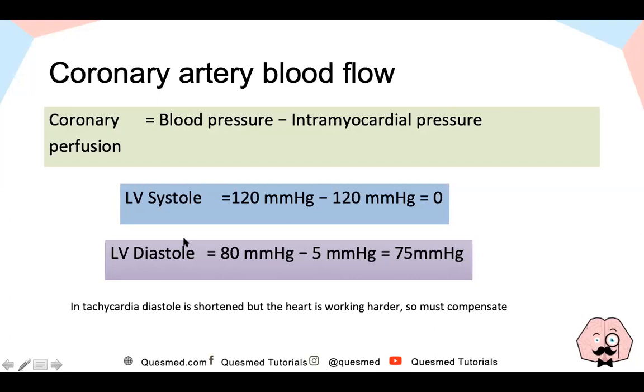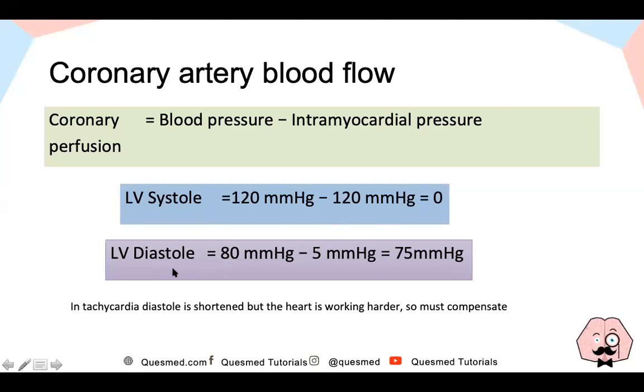What I've tried to demonstrate here: during systole in the left ventricle, as you can remember from the cardiac cycle, our systolic blood pressure will be about 120 millimeters of mercury, but so will the pressure within the left ventricle itself and within that muscle. And therefore, during systole, when the heart muscle is contracting, there will be no flow in the left ventricle, so blood can't get to the left ventricle.